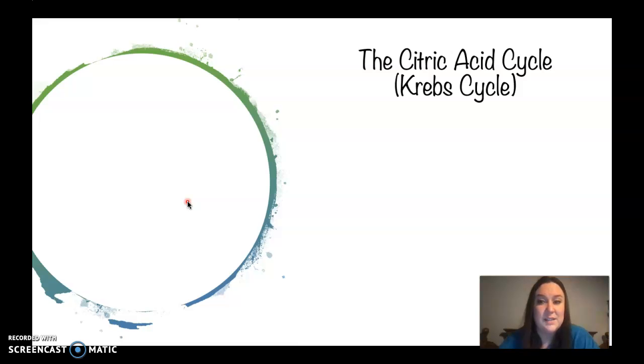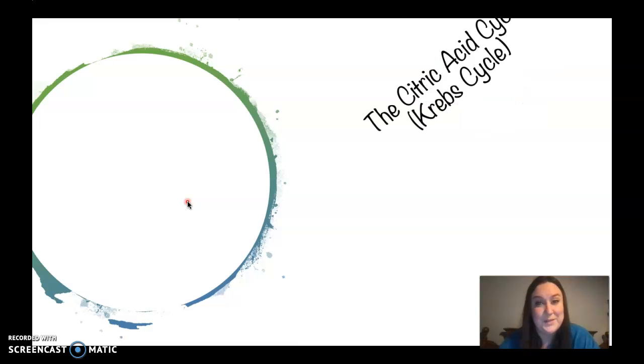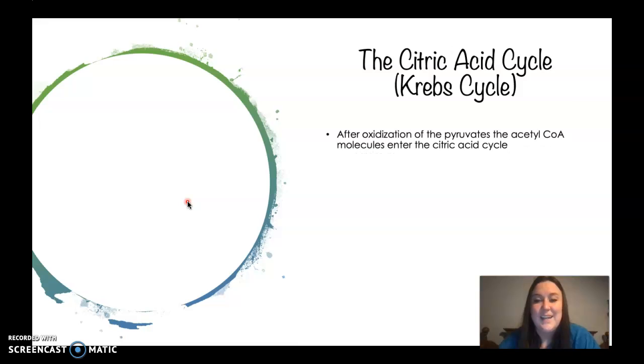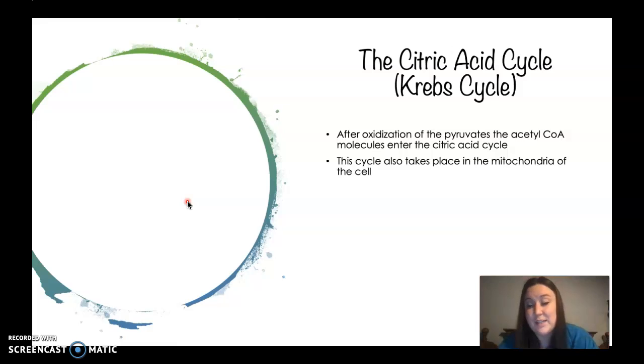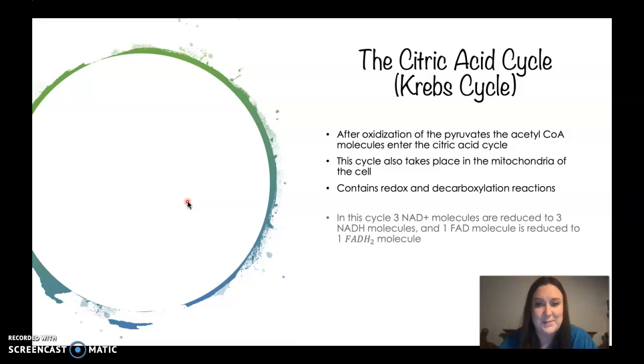The citric acid cycle, also known as the Krebs cycle: after the oxidation of the pyruvates, the products are able to enter the citric acid cycle. This cycle also takes place in the mitochondria of the cell, and it contains redox and decarboxylation reactions.